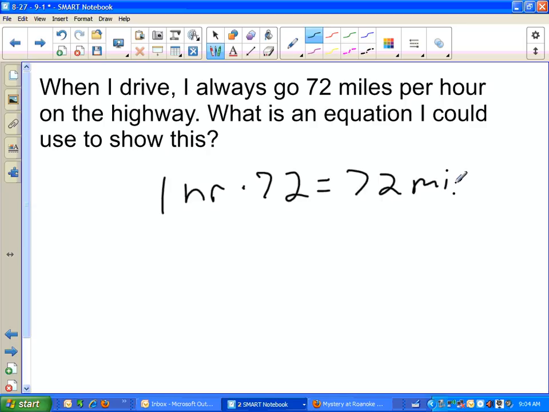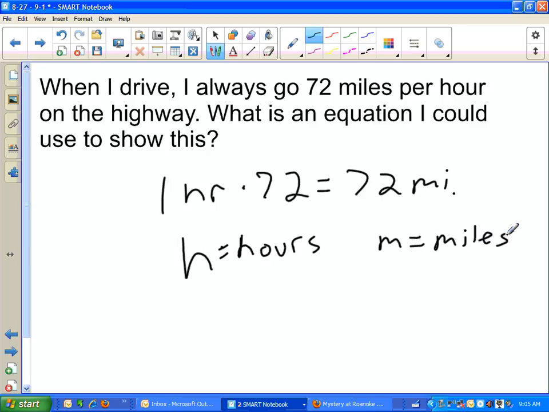Easy enough. But I want this to be algebraic, so I could use it for 2 hours or for 5 hours or for 10 hours. Okay, so I'm going to use some variables here to substitute. So I could say for every hour I drive, h is hours, I'm going to go a certain number of miles.